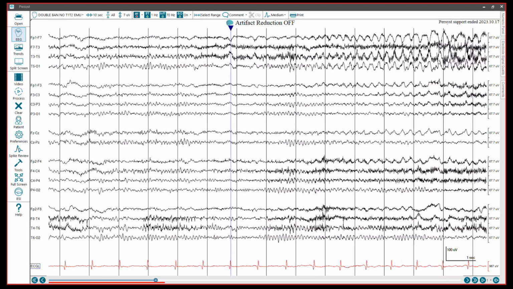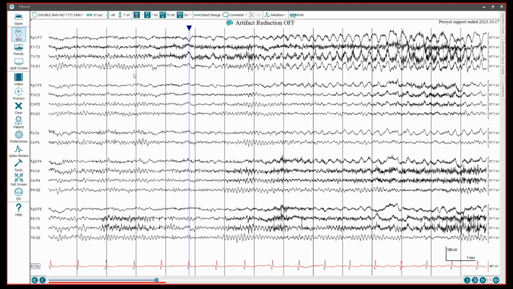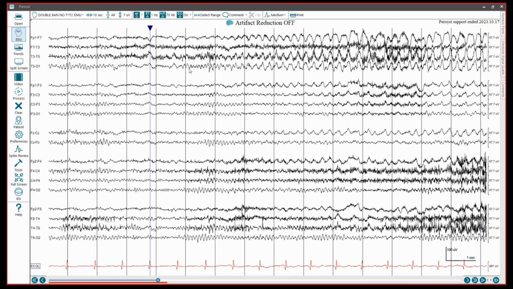Now, notice what happens. The PDR over the left hemisphere, located primarily in the occipital region, drops out, is disrupted. This seizure basically wipes out the PDR over the left.